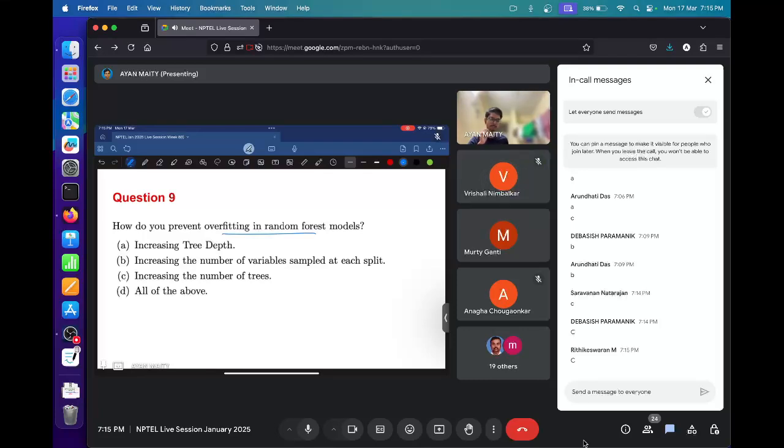Okay. C. No, C cannot be the answer, because when you increase the number of trees, overfitting happens? Now the correct answer is actually C. If you increase the number of trees, basically in case of any ensemble algorithm, if you increase the number of classifiers, it reduces the variance, and by reducing the variance we can prevent overfitting.